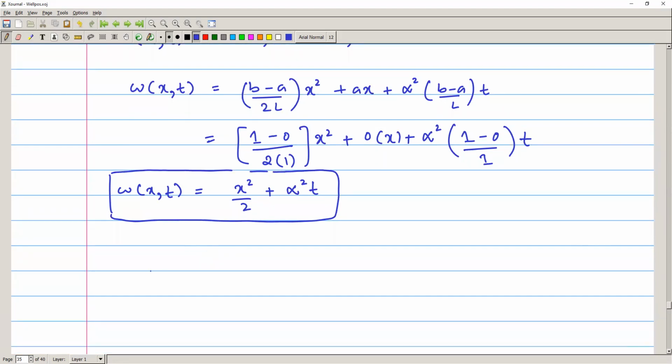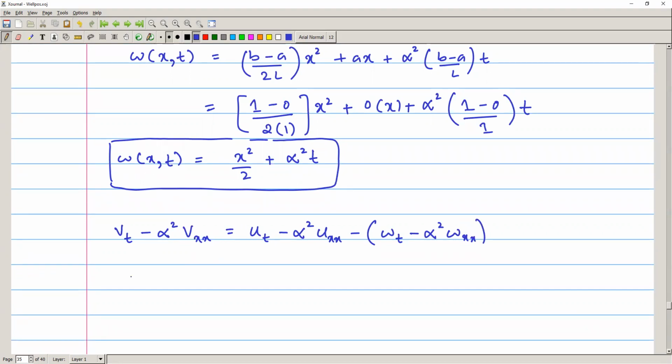Now the problem is reduced to this. And we know that v_t minus alpha squared v_xx is equal to u_t minus alpha squared u_xx minus (w_t minus alpha squared w_xx), where u_t minus alpha squared u_xx is equal to cosine 3t, given in the problem.